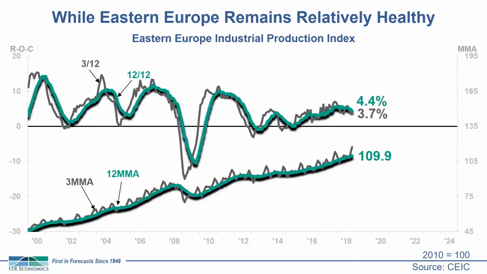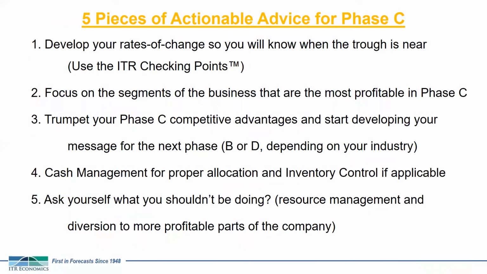So with this outlook of slowdown and some potential for negativity early next year in mind, what do you do? If you're exposed to Europe, if you're sourcing from Europe, I wanted to provide you with some specific actionable advice for this phase C or decelerating growth phase of the business cycle. The first thing that you absolutely have to do is develop your own business's rate of change.